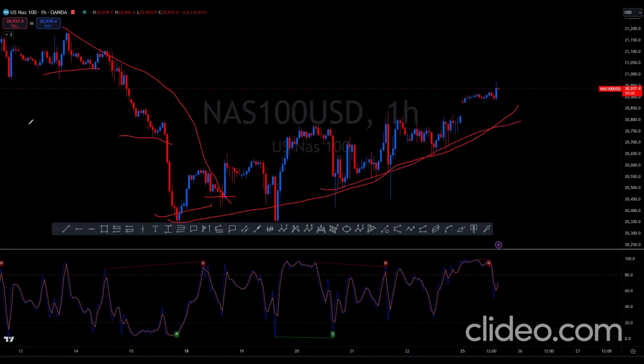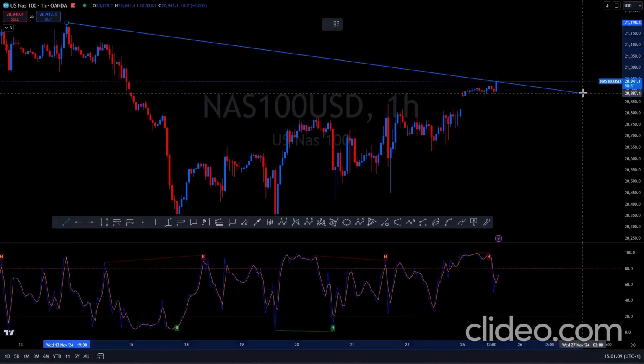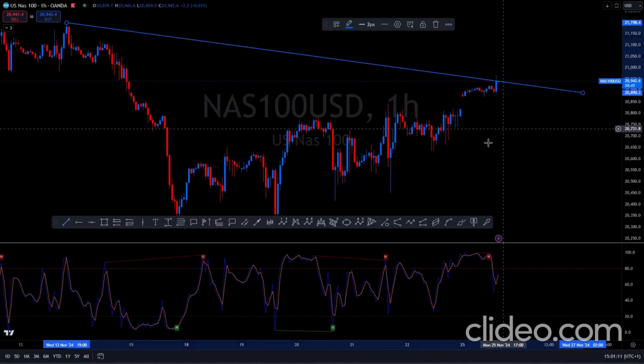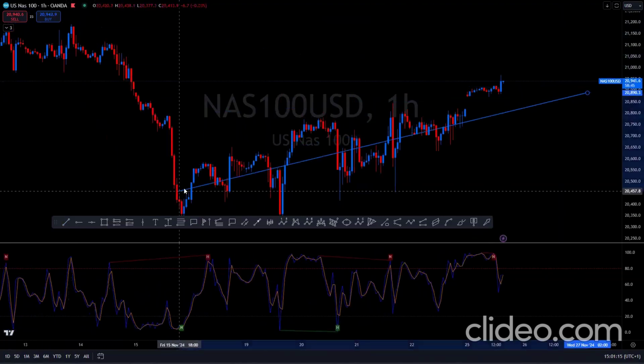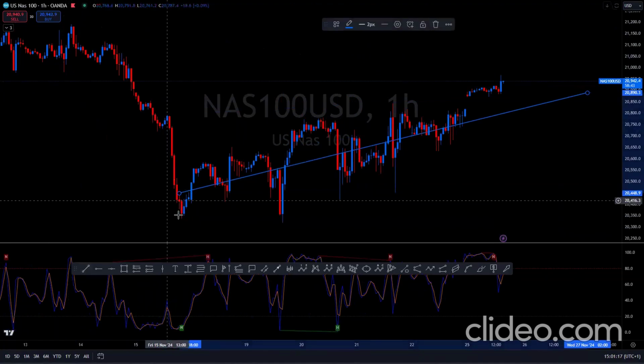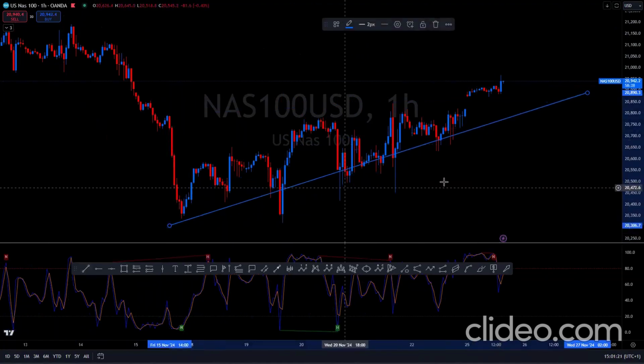So we could say that price is overall bearish at this point. Actually, it's going to go ahead and say the price is overall bullish. And it's come down here on that. Let's see it that way.